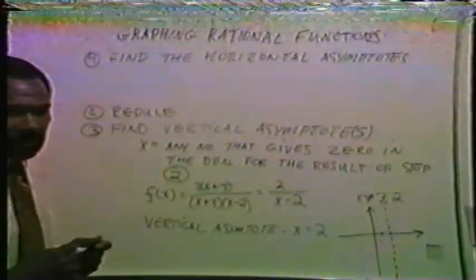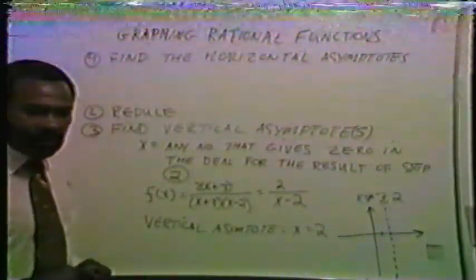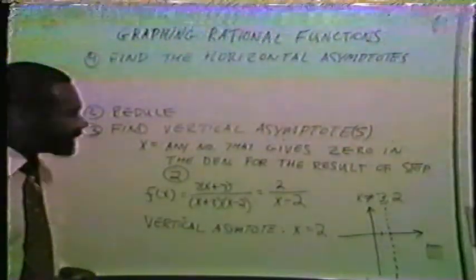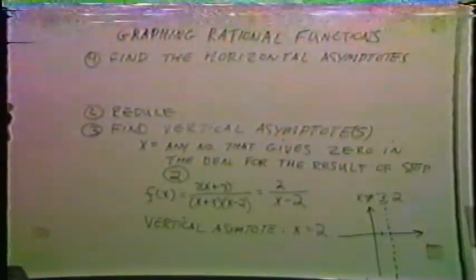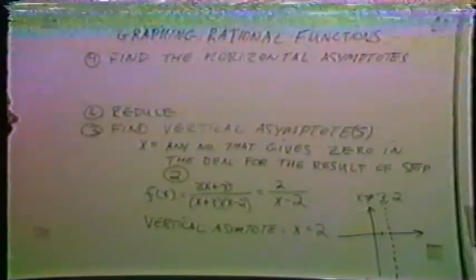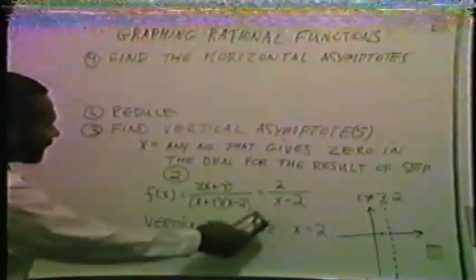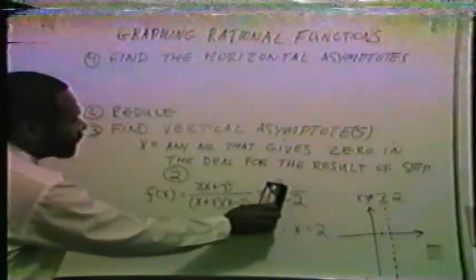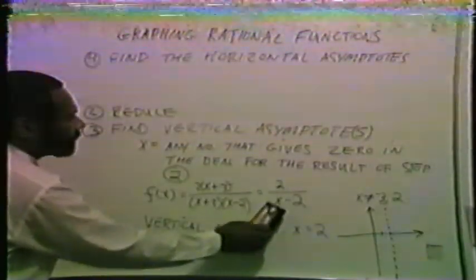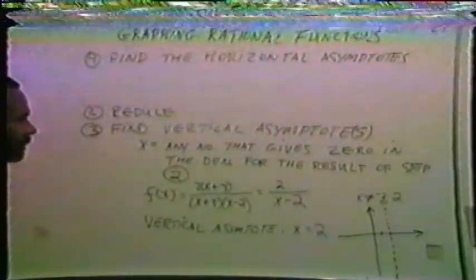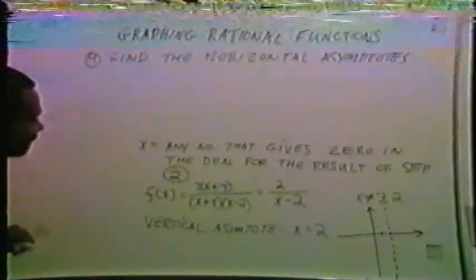Once again, step number 4, you have to find the horizontal asymptotes for the rational function. Now, to find the horizontal asymptotes, you have to look at the degree of your numerator and the degree of the denominator. That's what you have to look at to find your horizontal asymptotes.